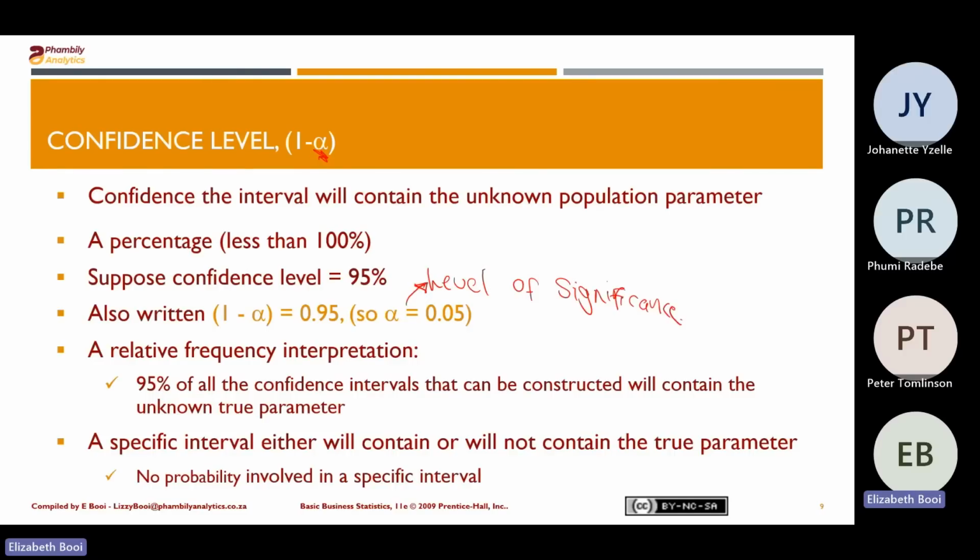Sometimes they will give you the confidence level, sometimes they will give you the level of significance. You need to make sure that you understand what they have given you. I know that I'm introducing new concepts and new terms, but try to understand what I'm explaining and how to differentiate the two.